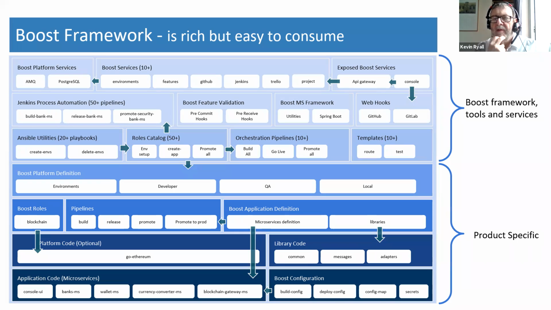It's also going to evolve over time with newer services, and there's a catalog of roles, and it comes with Jenkins pipelines as part of the product. So you work with it, you can extend it, but it gives you an early start to your containerized microservice DevOps journey.